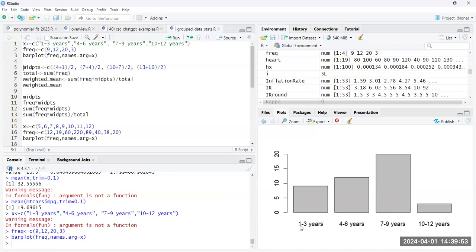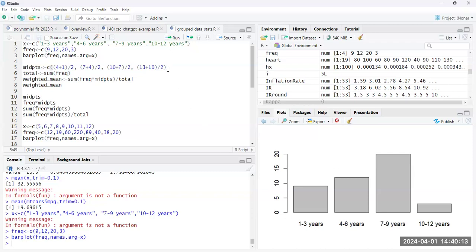Now, if I want to calculate the estimate of my statistics, I need to calculate the midpoints. Typically the way the midpoints are calculated is that I use the midpoint of the lower bound to the lower bound of the next group, particularly with discrete values. So my midpoint is actually 1 to 4, not 1 to 3.